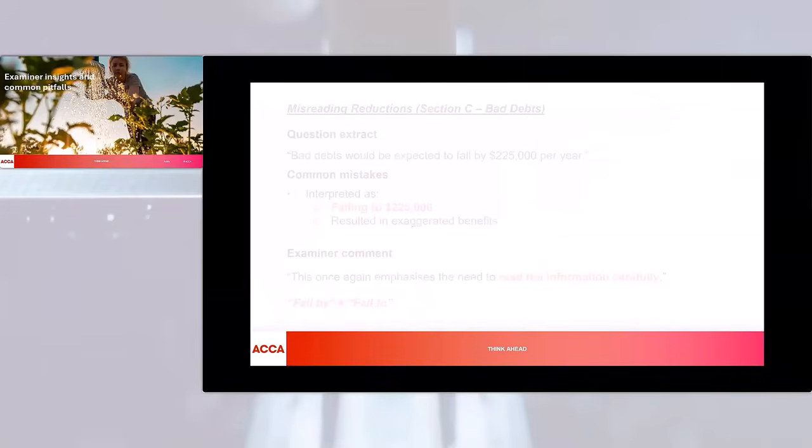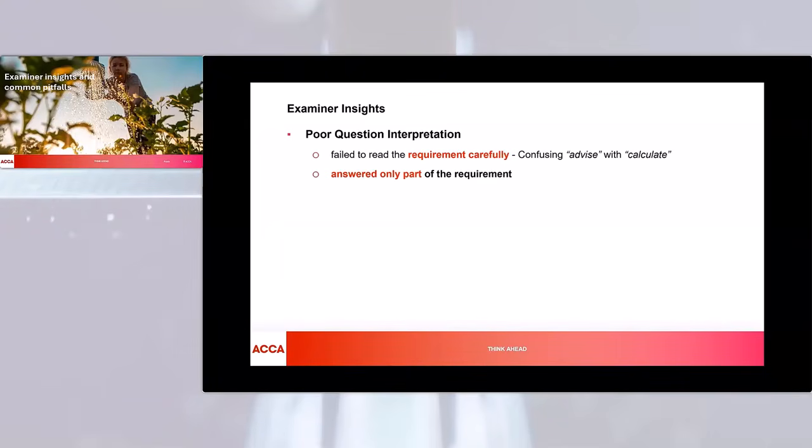Now, the general examiner's insight: one of the most important things is that they don't read the questions carefully, and there is wrong interpretation of what the question is asking. Is the question asking to comment, or to explain, or to discuss, or to advise? Very poor interpretation. In most cases, not every part of the answer is answered, only a few parts of it.